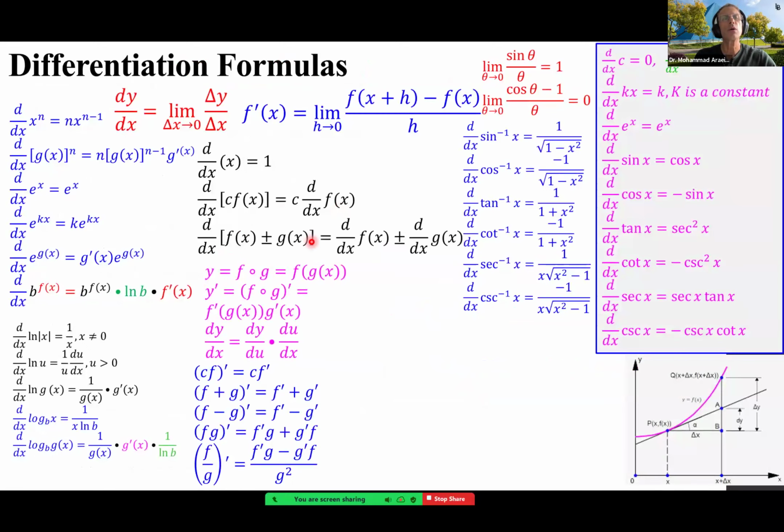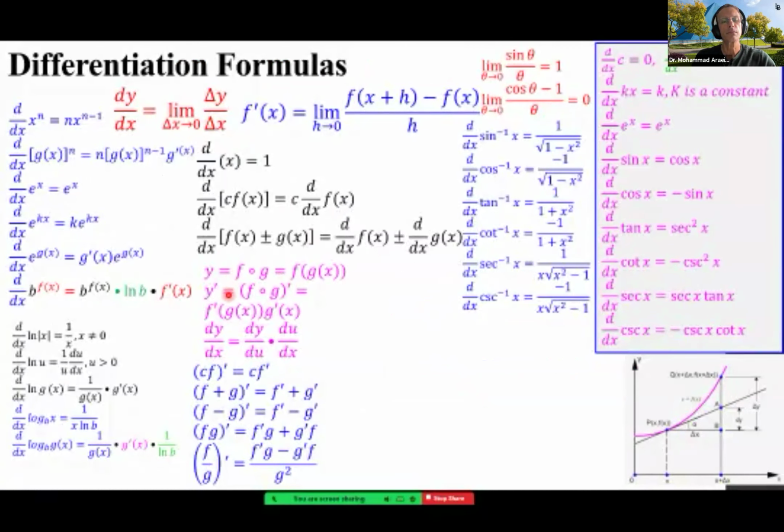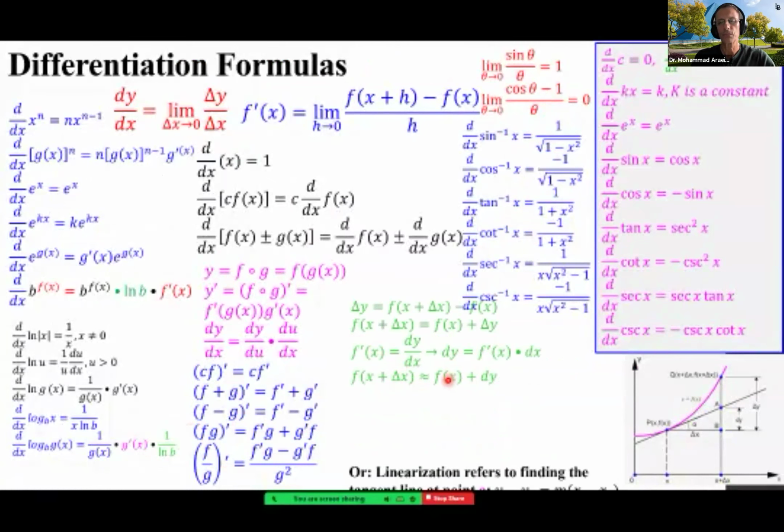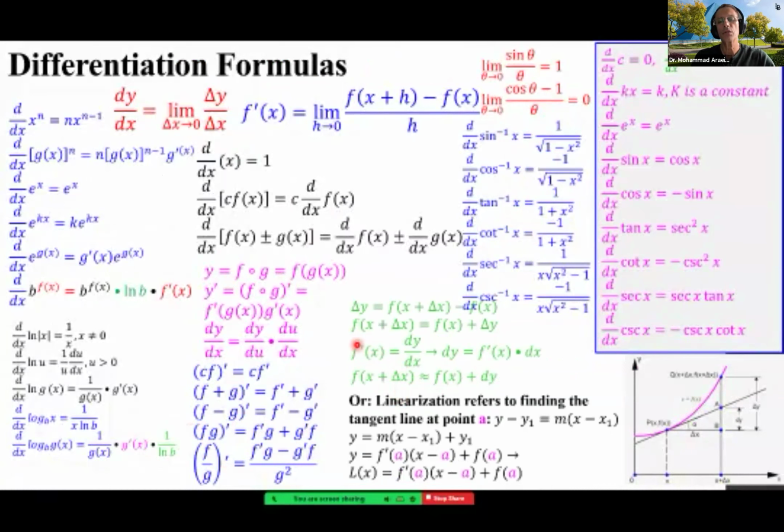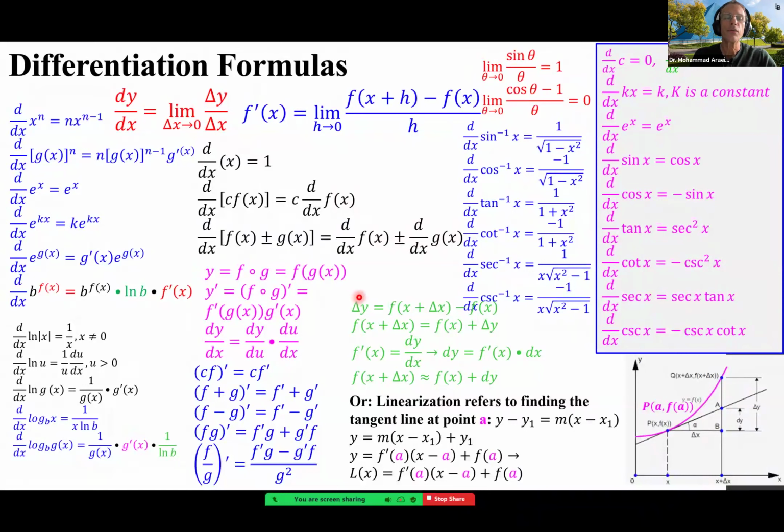First, reminding everyone of differentiation formulas that we have seen before, the basic differentiation formulas, chain rule, product rule, quotient rule, trig functions, inverse trigs, delta y versus dy, and linearization, which refers to finding a tangent line.